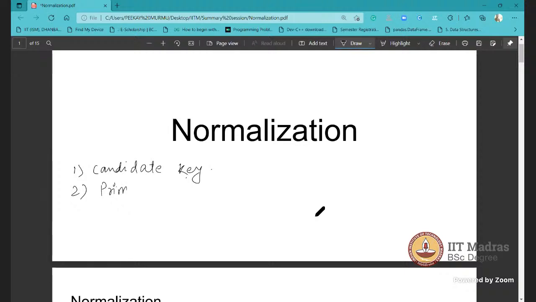What is a primary key? Third is prime attribute. And fourth one is a non-prime attribute.